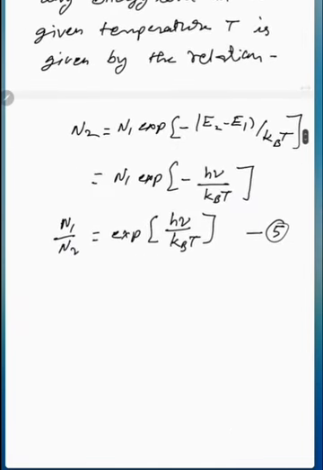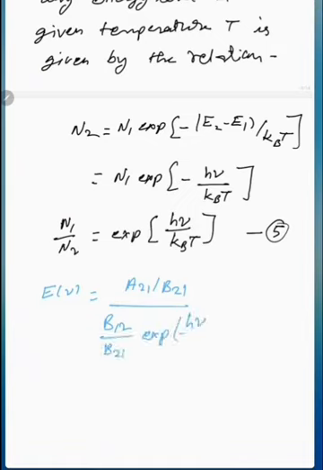Then the value of E nu will be equal to A21 by B21 upon B12 upon B21 exponential h nu by KBT minus 1. Suppose this is equation number 6.